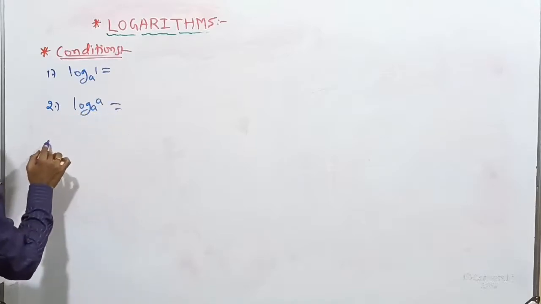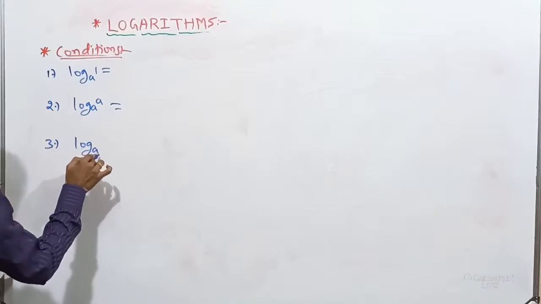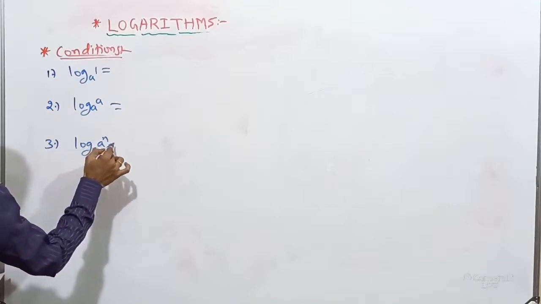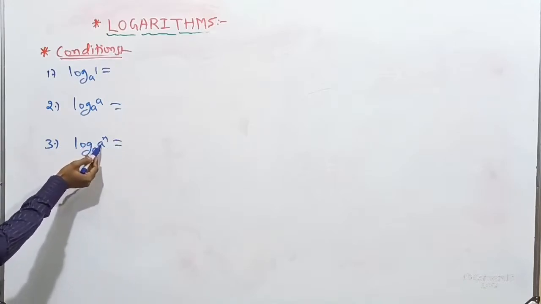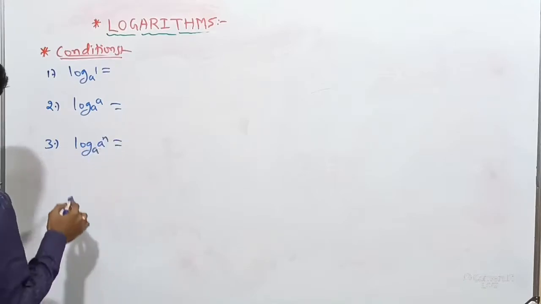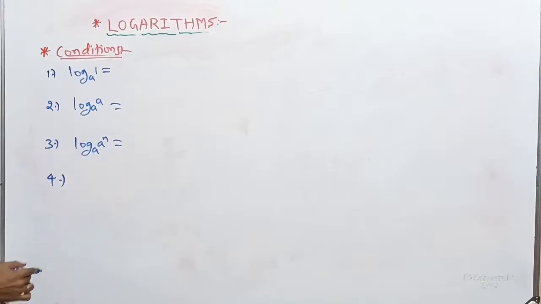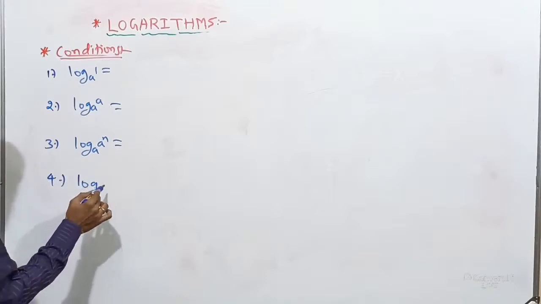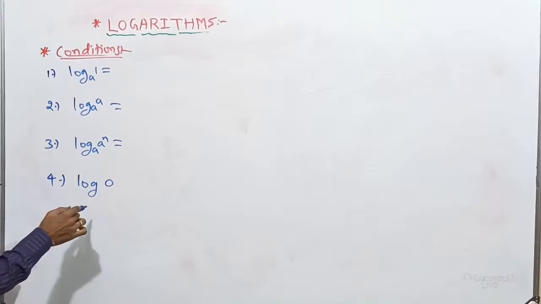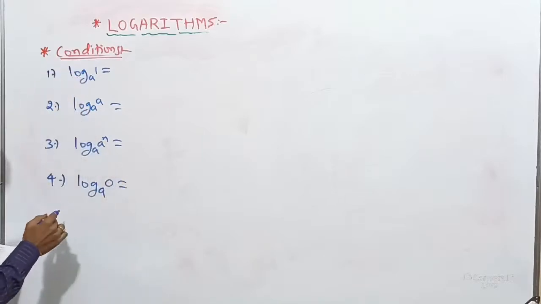The third case, log to the base, same base power something. At this time what is our answer? Base is the same, number is also the same but the power is different. And the next, the fourth case, is log of 0. In case log of 0 to the base is what? Be careful regarding these conditions.